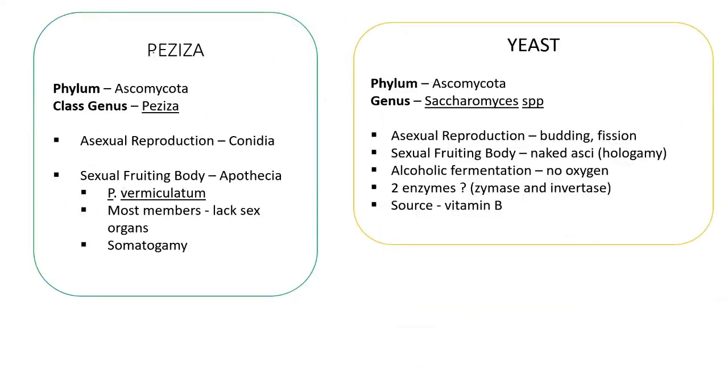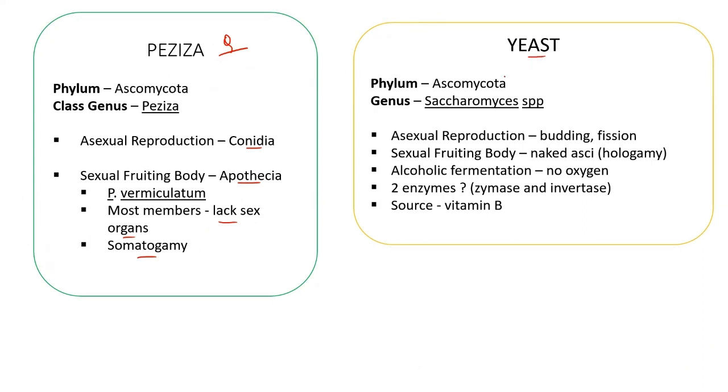Then the next type genus is Pezizia, from which the question was asked last year. Asexual reproduction is through conidia. The sexual fruiting body is apothecia. Most of the members lack sex organs, and the compatible nuclei are brought together by somatogamy.